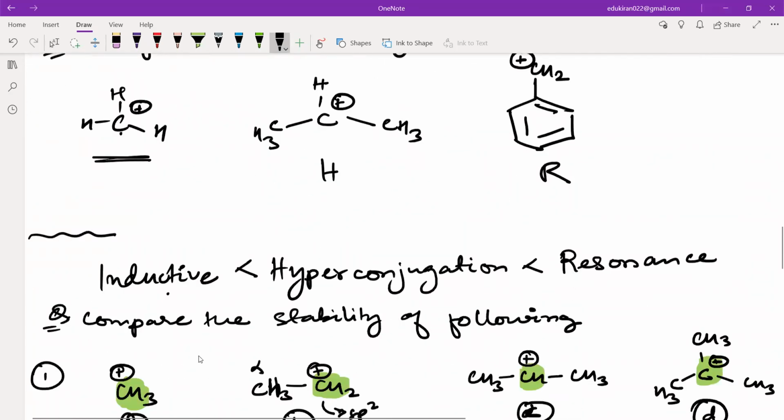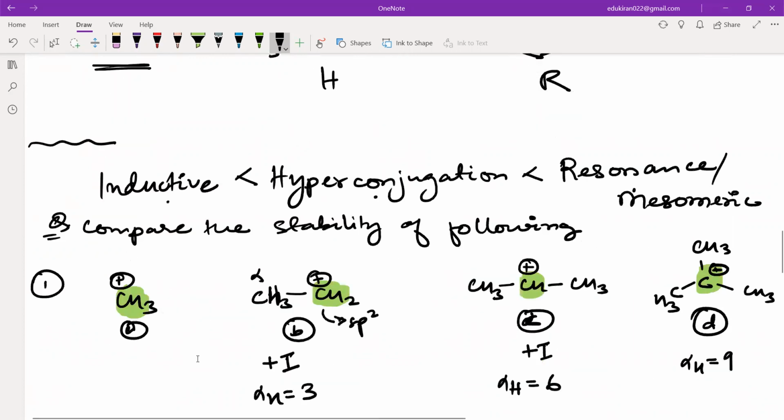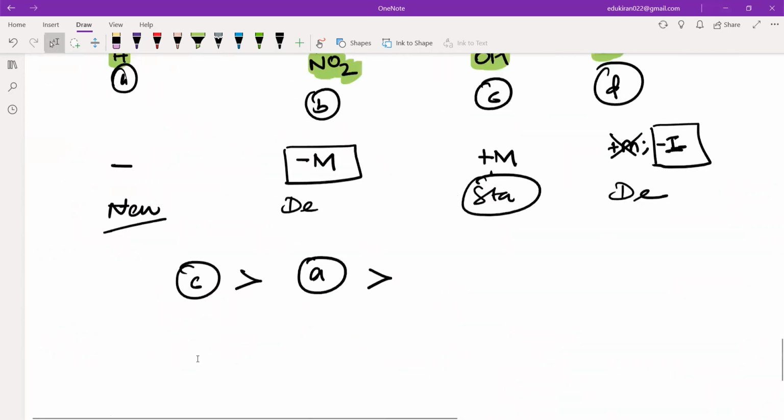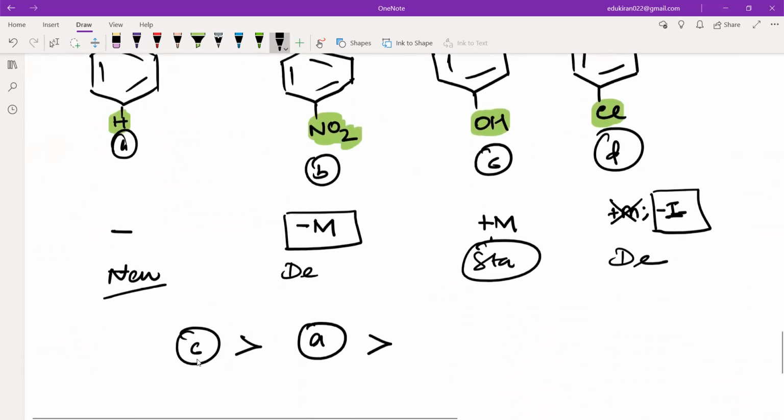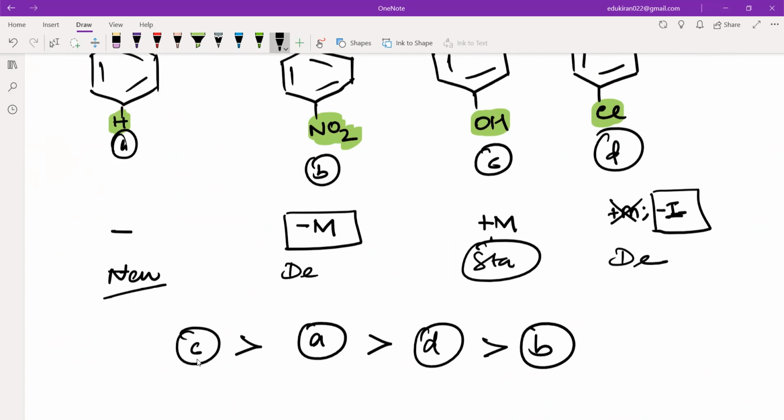Inductive effect has least effect, then hyperconjugation, then resonance. Resonance and mesomeric effect are the same thing, right? Due to resonance only we have mesomeric effect. So mesomeric effect will be more destabilizing than the inductive effect. So you will first write the B part, which is less destabilizing, and then you will write the other part, which is the most destabilizing.